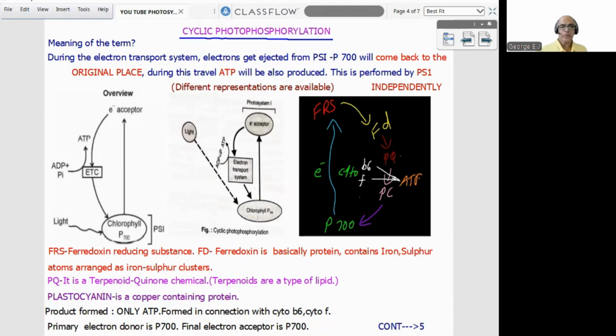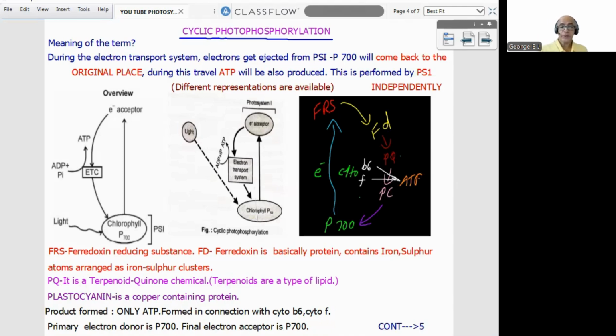Now the chemicals involved. FRS is ferredoxin reducing substance. FD, ferredoxin, is basically a protein and may contain iron sulfur atoms arranged as iron sulfur clusters. Then plastoquinone is a terpenoid, a terpenoid quinone chemical, and terpenoids are somewhat lipid in nature.